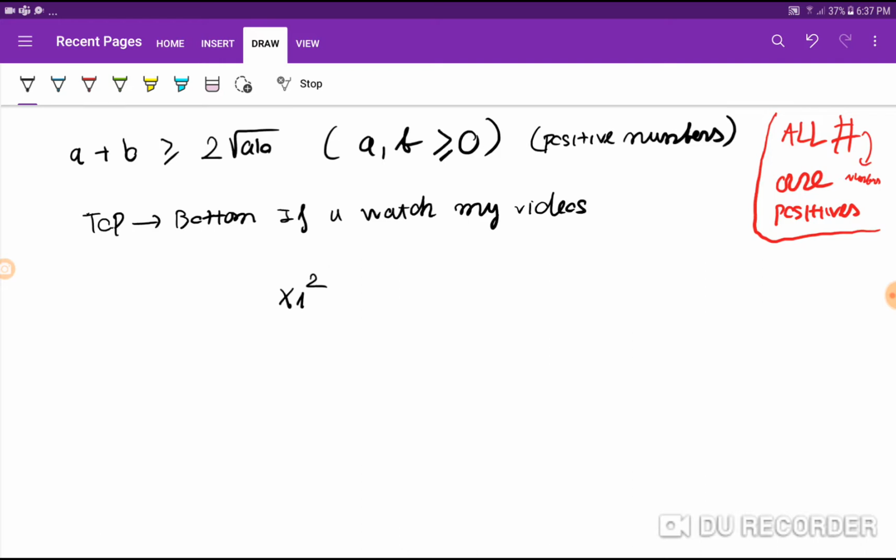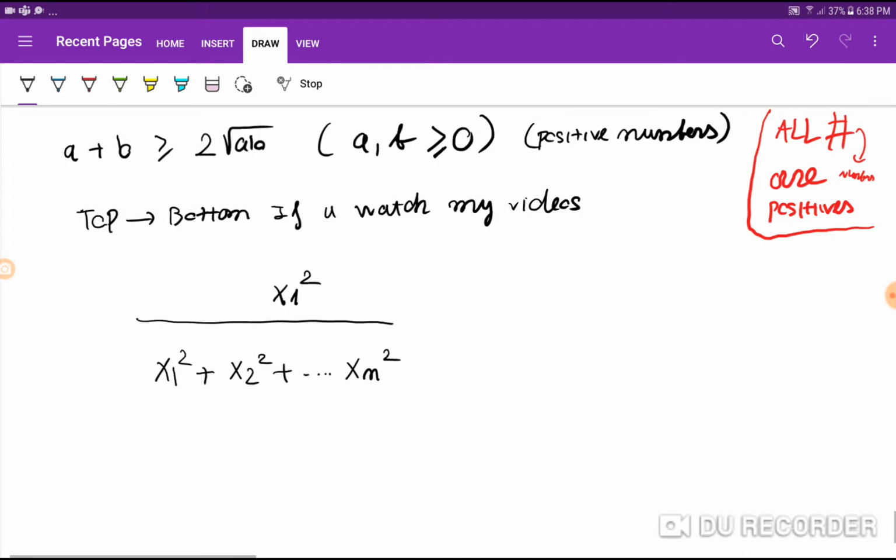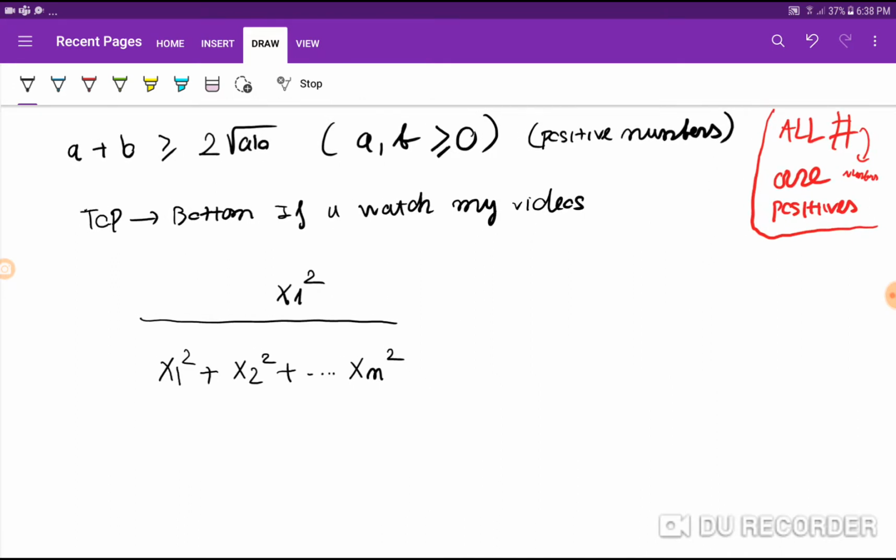Instead of a, I will write x1 square over x1 square plus x2 square plus all the way to xn square. You ready? Instead of b, I'll write y1 square over y1 square plus y2 square plus all the way to yn square.